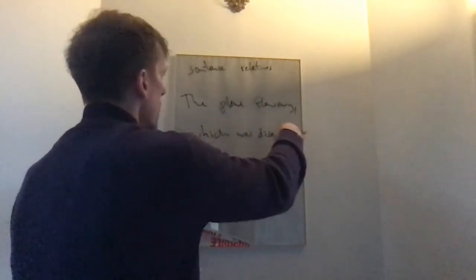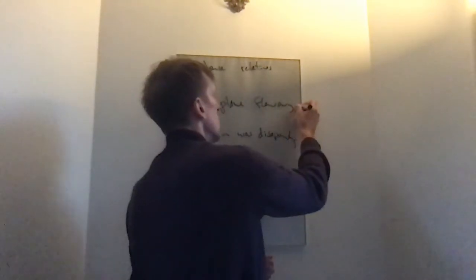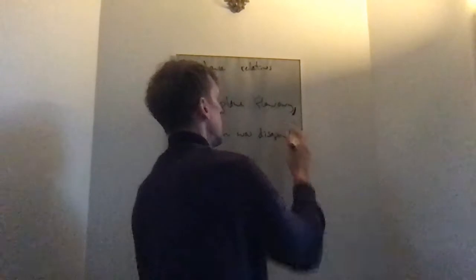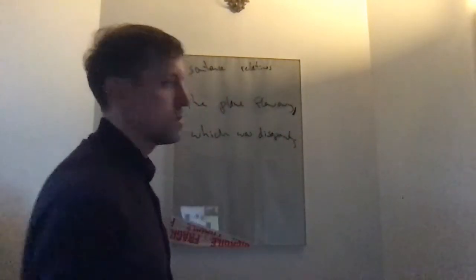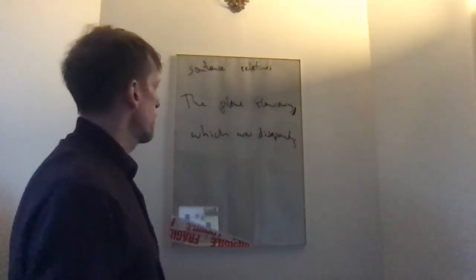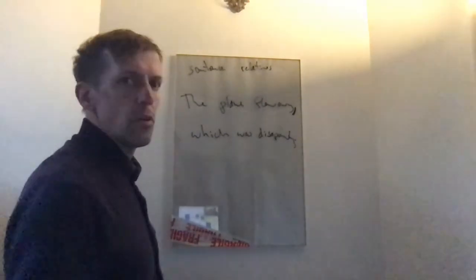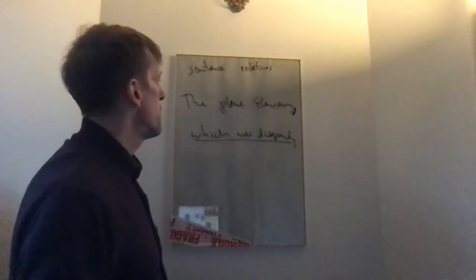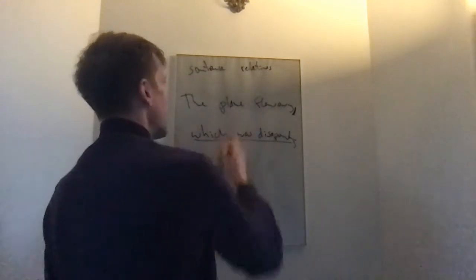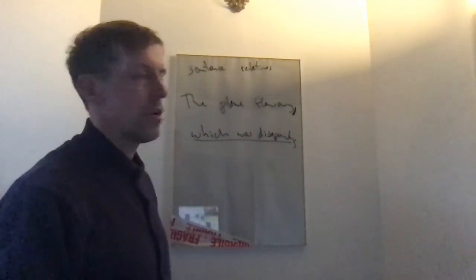Okay, so the plane flew away, comma. Notice we have this comma, which indicates that we have a sort of a hiatus between these two clauses, which was disappointing, right? So we might ask ourselves what we have here. We have a relative clause, which was disappointing. Now, the idea here is, what is the antecedent for this relative clause?